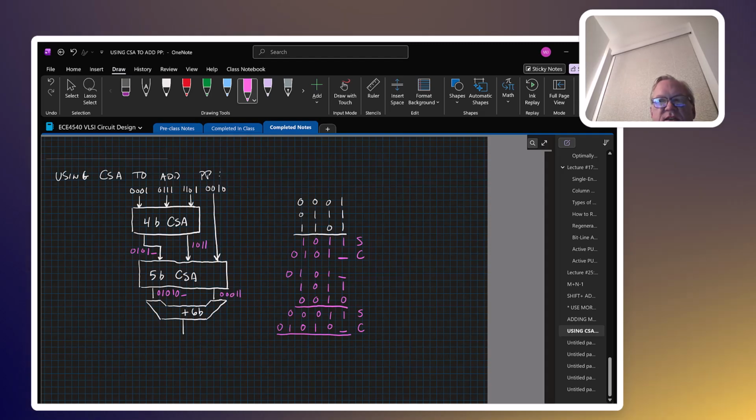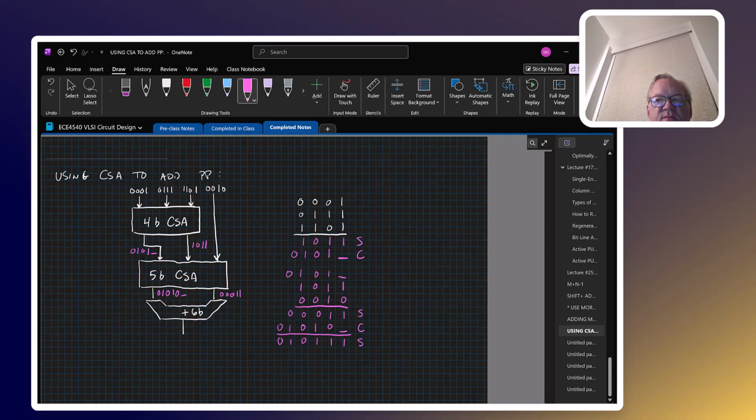And then, of course, I add these two together, and I get 111010. This is the sum. And remember, the sum should have equaled 23, and indeed, this does equal 23, so this gets this correct. So now let's look at how we build a multiplier out of this.